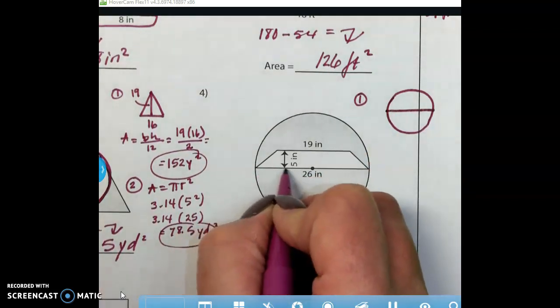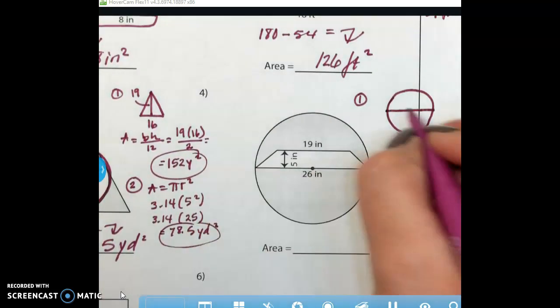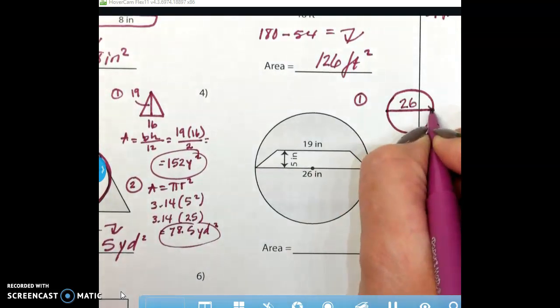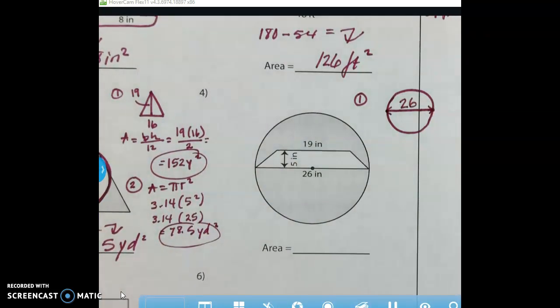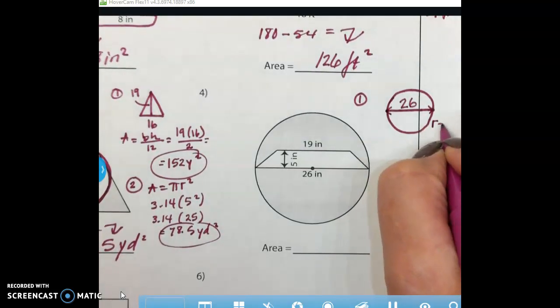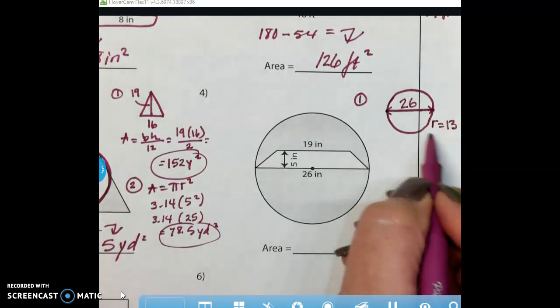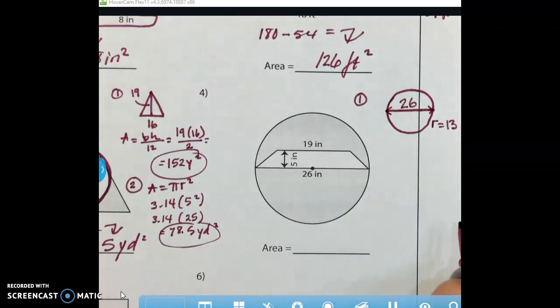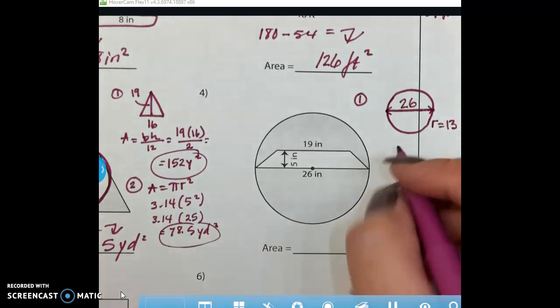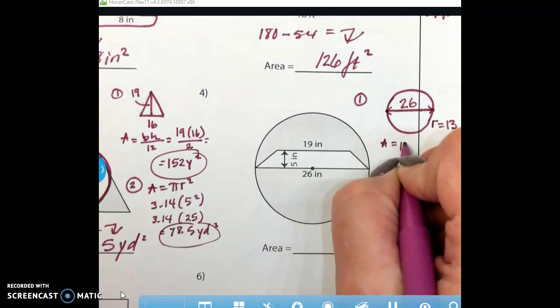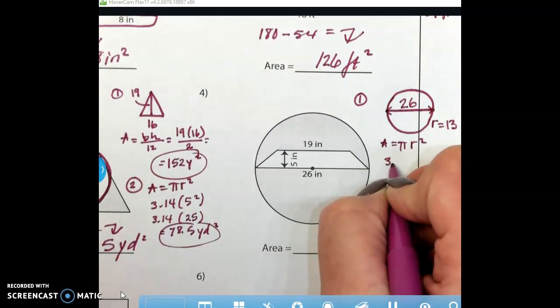26, this measurement right here, guys, is what we have to use for our work. 26 inches is our diameter. I'm going to go ahead and make a quick adjustment because radius is what we're going to have to use for our area calculation. Pi r squared.